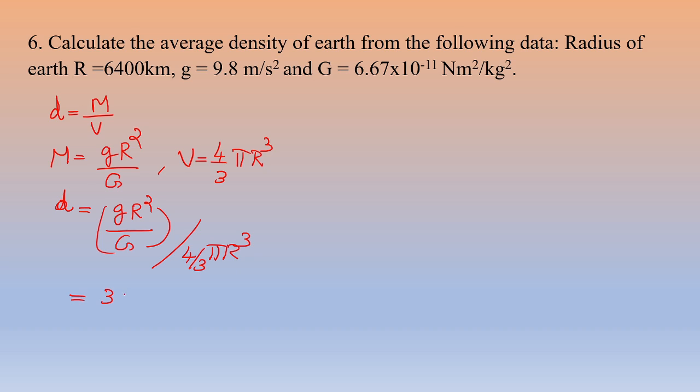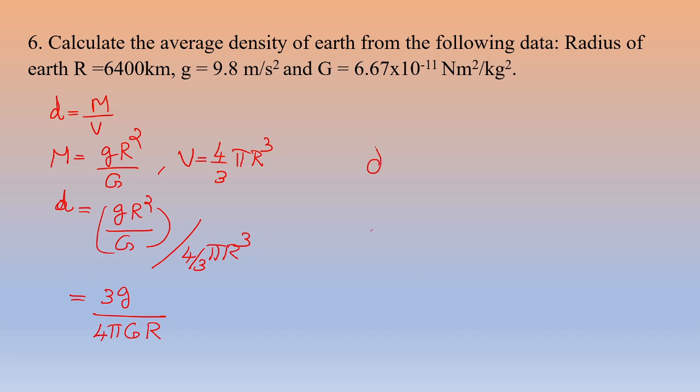So D is equal to 3g divided by 4 pi capital G R. So what information is given? We are given the value of small g, the capital G, and the radius. So we can make the substitutions.